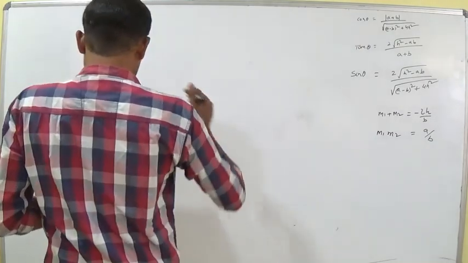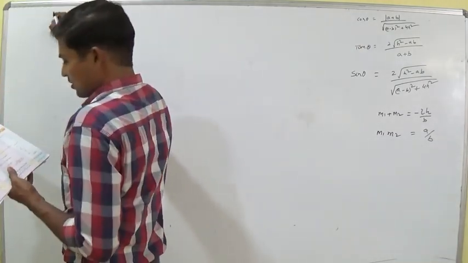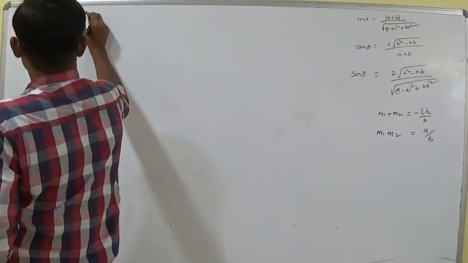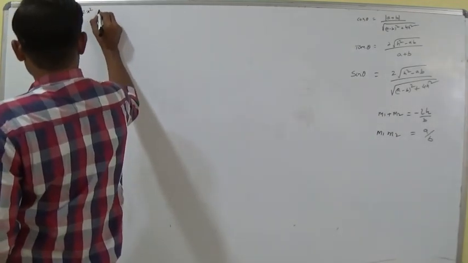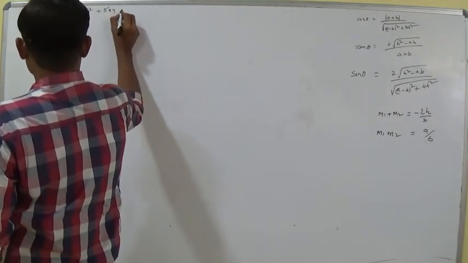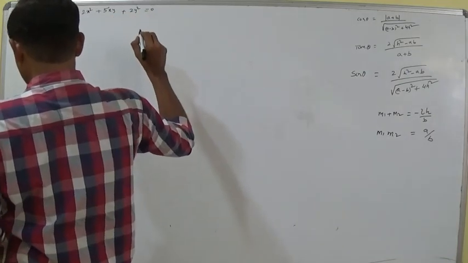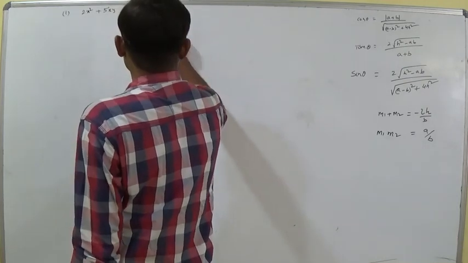First one, so match the following. This is the first one. Given equation is 2x square plus 5xy plus 2y square equal to 0. Then find the value of tan theta.